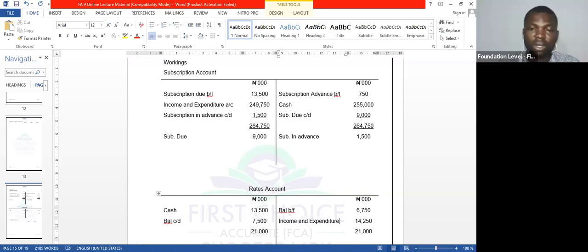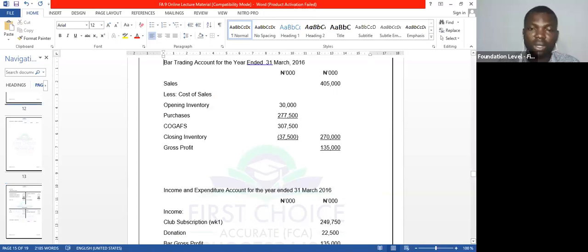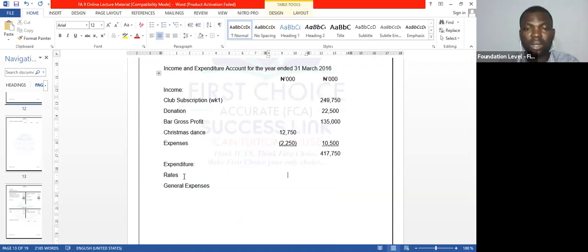Let's put our rates, which will be 14,250. That's our rates, and that's workings 2.